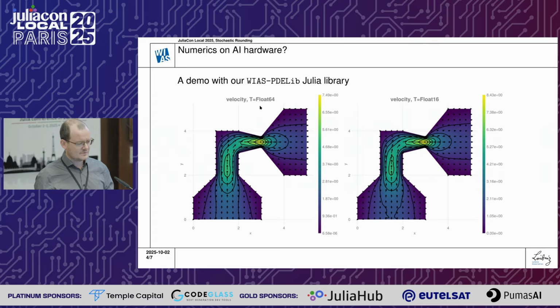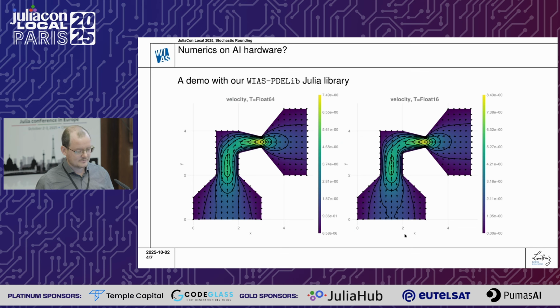And the reference computation is done in standard precision, which is float 64, double precision. And I have the peak value of the velocity here at the narrow part, which seems fine. If you do the same simulation with half precision, like with float 16, you get almost the same value.